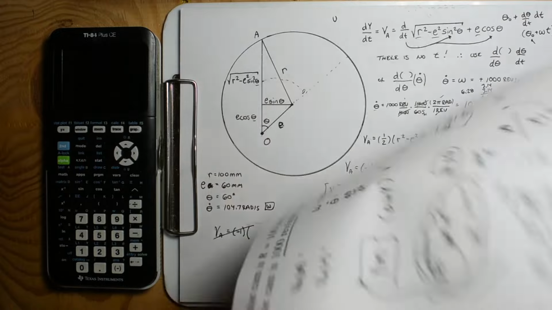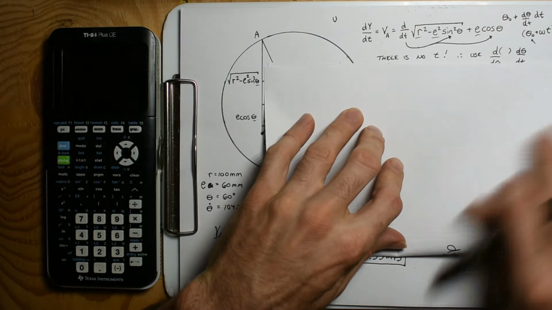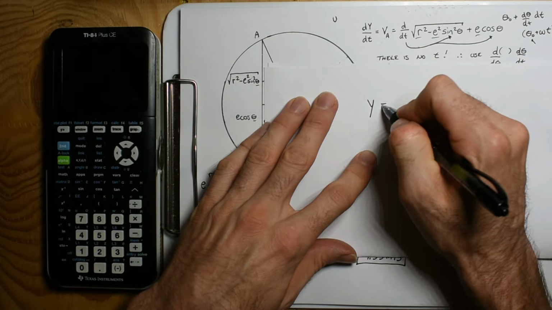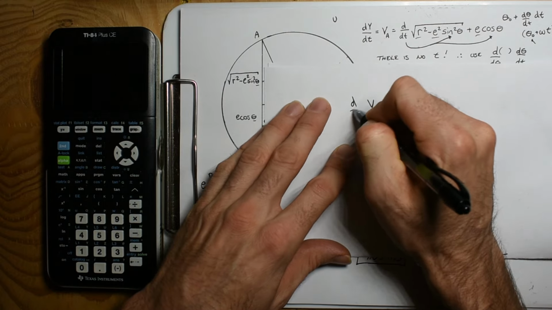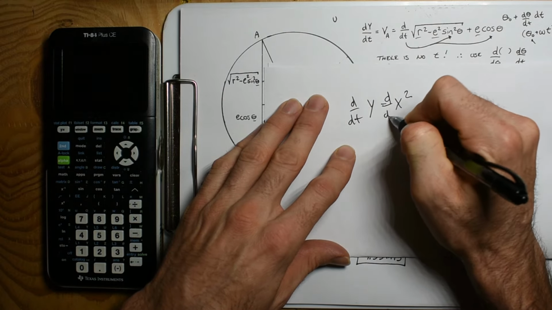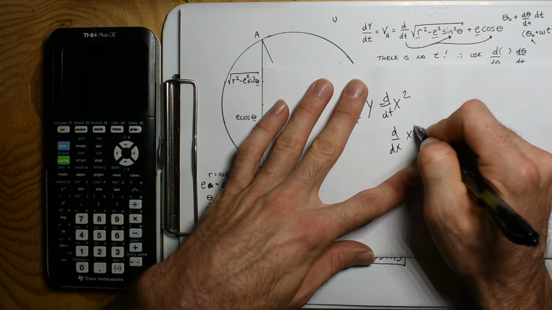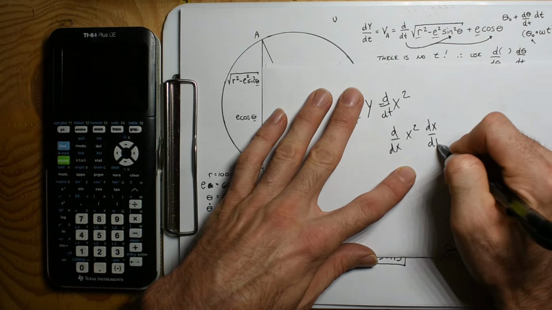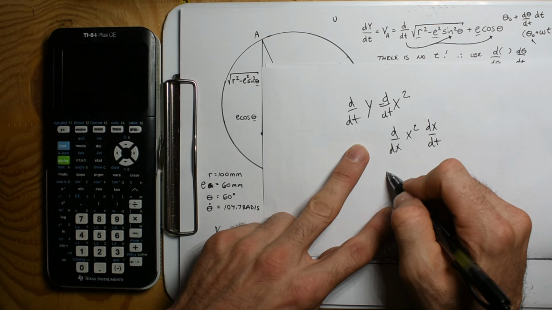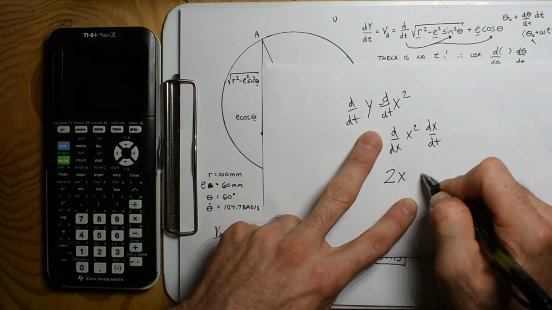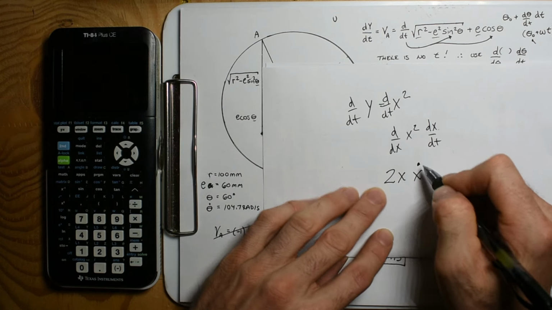All right, whew, that was brutal. So let's not do that. Let's do y is equal to x squared, and then differentiate with respect to time. I don't see time, so we do d dx of x squared, and then dx dt. So we can do 2x, and then we'll have x dot, the change in x.